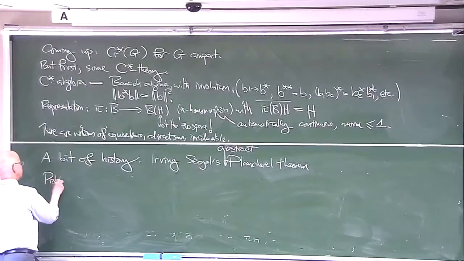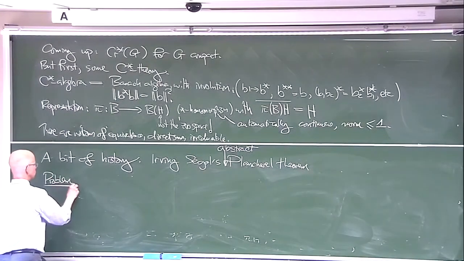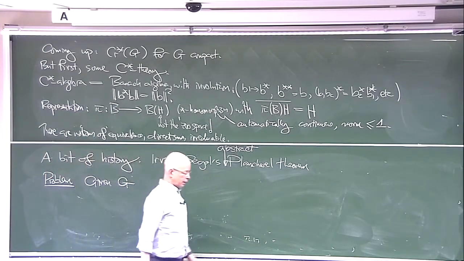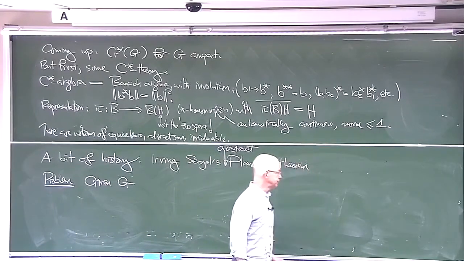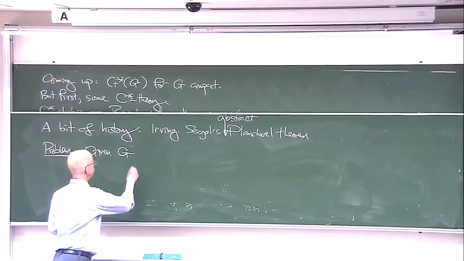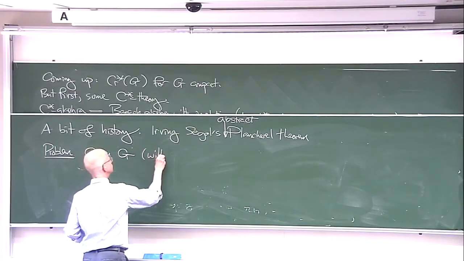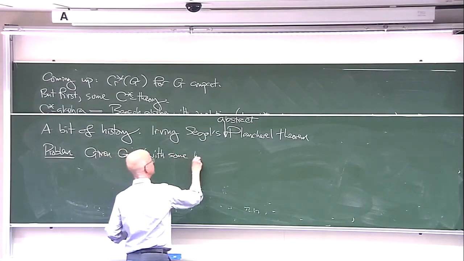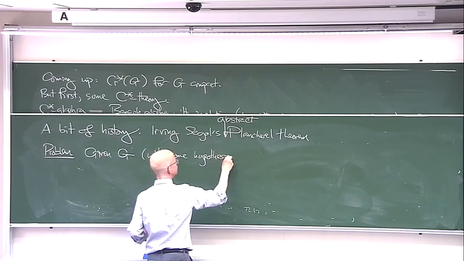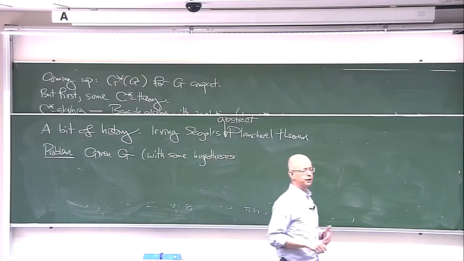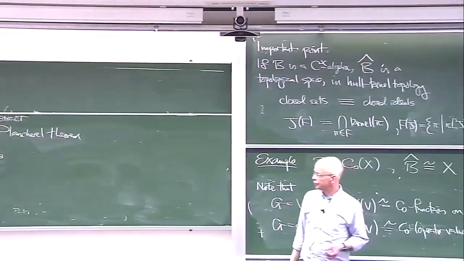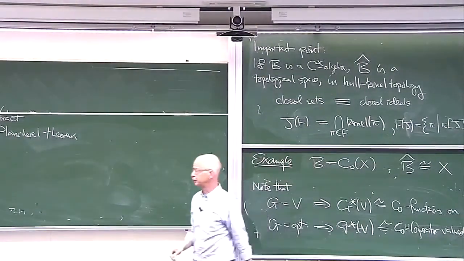So here's the problem. Given a group G, it was understood, even before Siegel's work, by von Neumann and others, that what I'm about to tell you cannot work for an arbitrary group. So there are some hypotheses, I'll tell you about them in a moment.